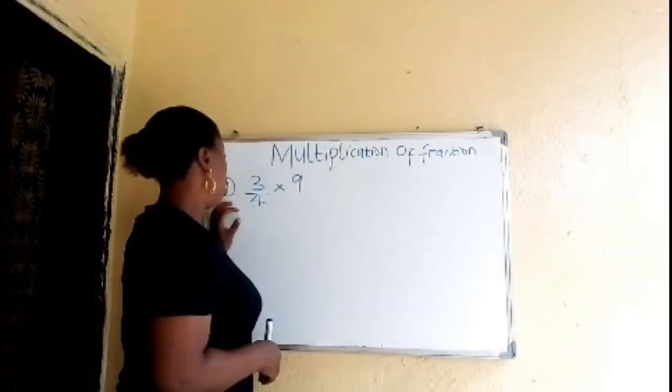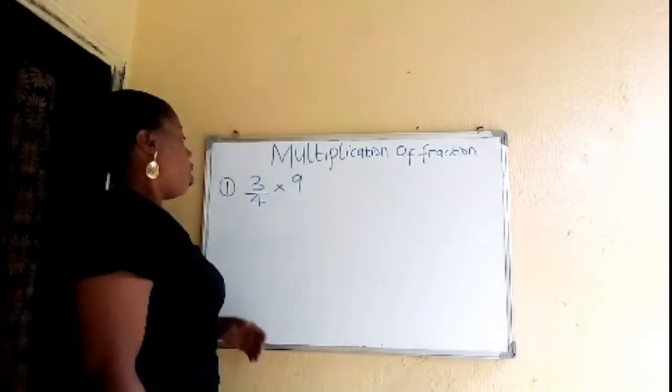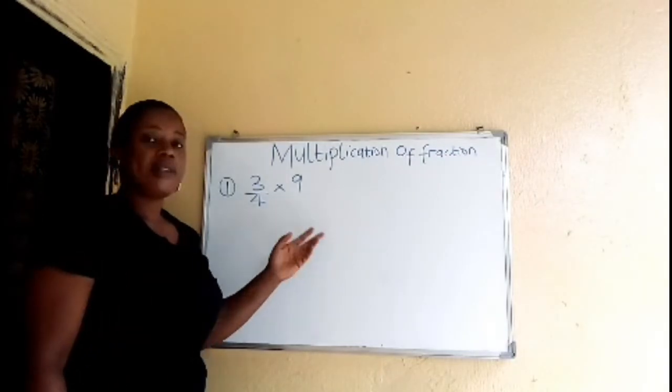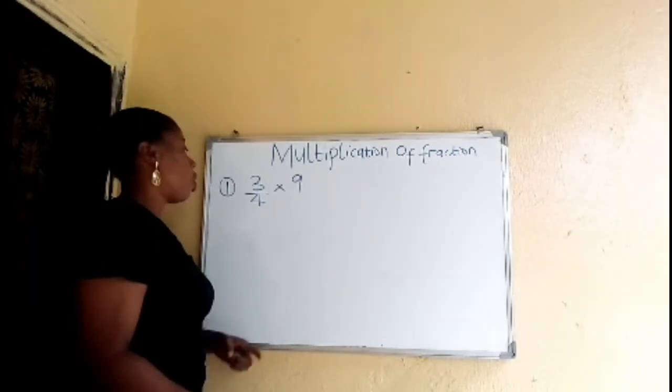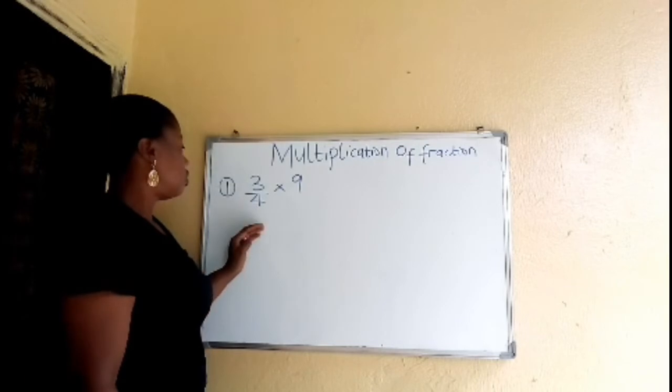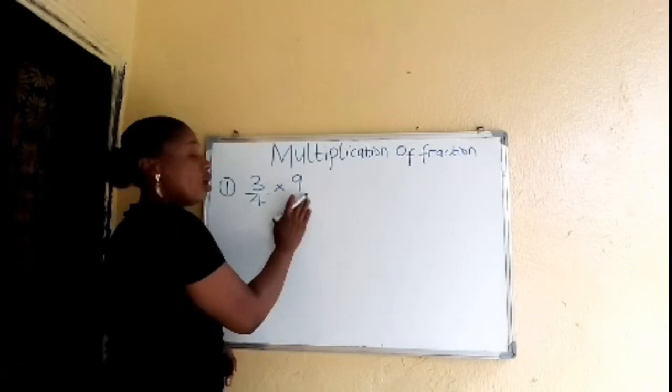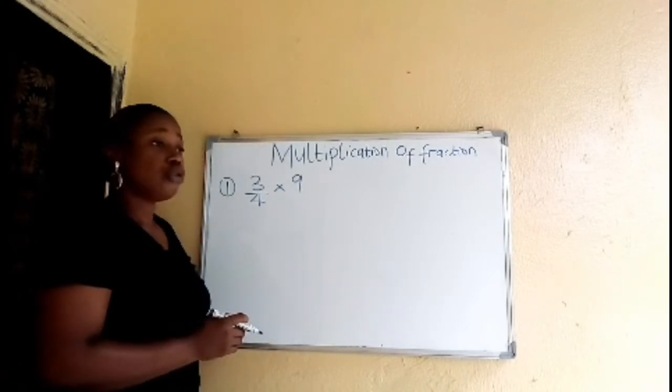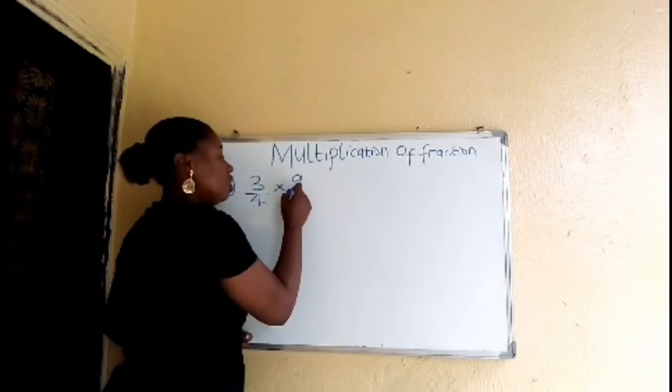Example, on the board here, we have 3/4 times 9. So, when multiplying fractions by whole numbers, I always encourage my learners to put 1 in the denominator.